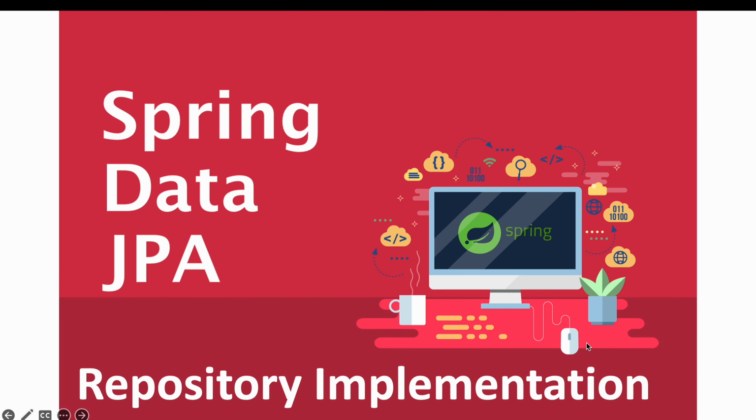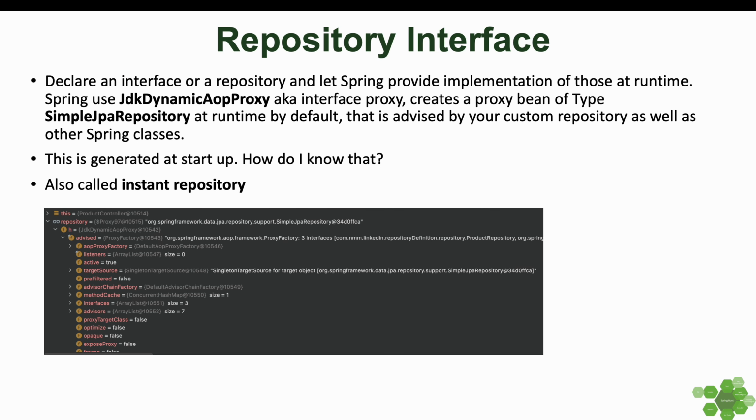Welcome to Java Space. So in the previous video we talked about you just writing an interface and extending a repository interface from Spring, and then Spring will give you an implementation of it. So the question would be, how does Spring do this for you?